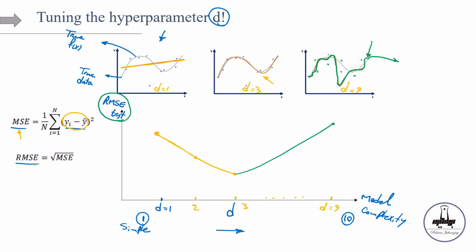And the optimal value of polynomial degree, or the optimal value of the hyperparameter, is going to be wherever it's going to minimize the RMSE. So here in this simple example, the answer was 3. So we know that when the optimal hyperparameter is 3, we get the best combination of model bias and model variance, right? So this is RMSE of the test set with respect to degree of polynomial.